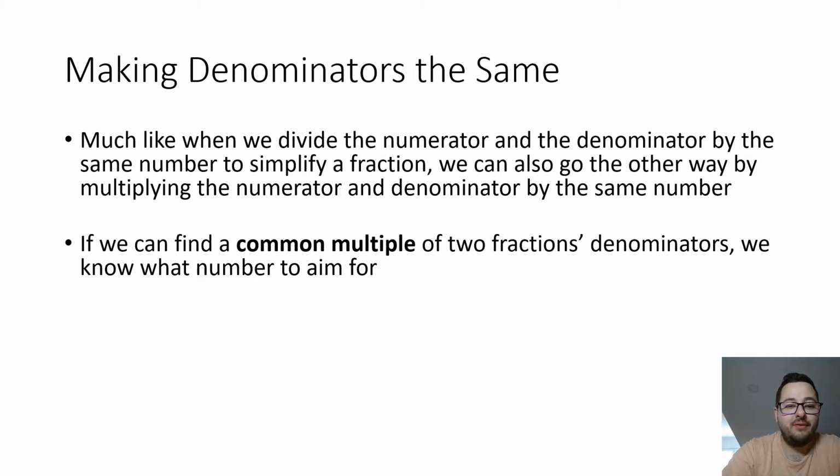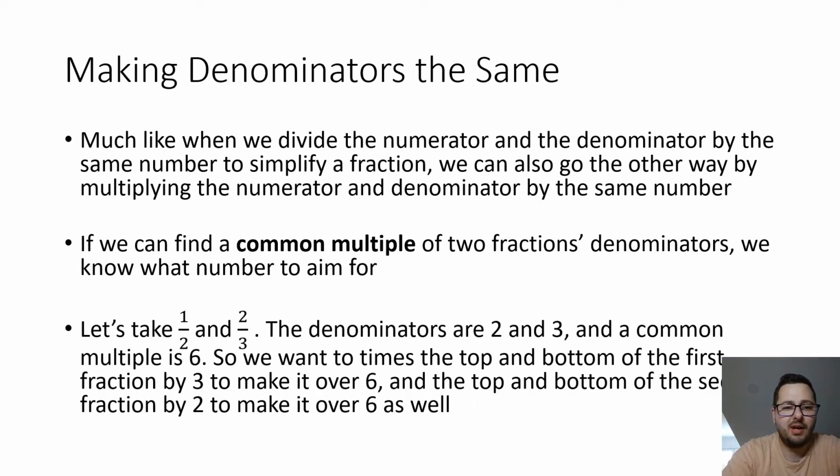So just a little bit of an example then. Let's just talk through it. We're taking 1/2 and 2/3. The denominators are 2 and 3, so you want them to match. You think of a common multiple, and the common multiple is 6. To get 2 to 6, we times it by 3, so we times the top and the bottom of 1/2 by 3, and you get 3 over 6.